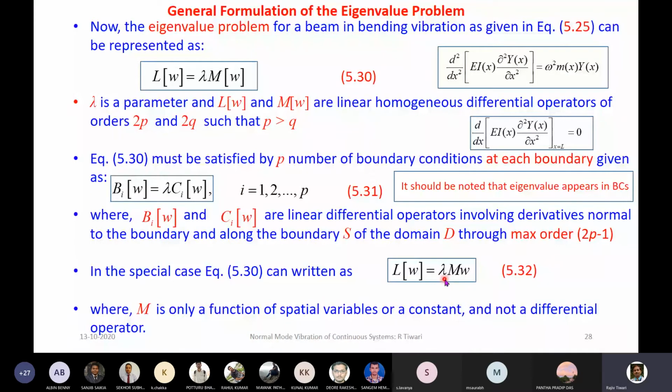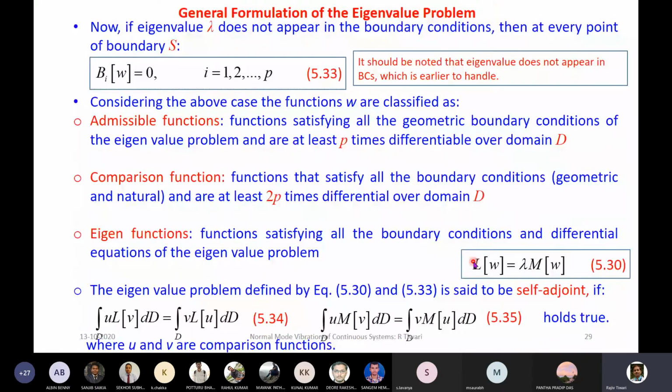As I mentioned, the solution of this eigenvalue problem often becomes difficult, especially if boundary conditions are complex or the geometry of the beam is complex. So often we do not get the exact solution of this.